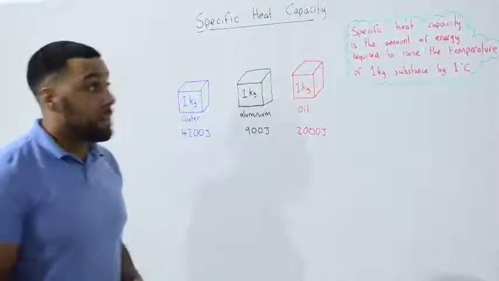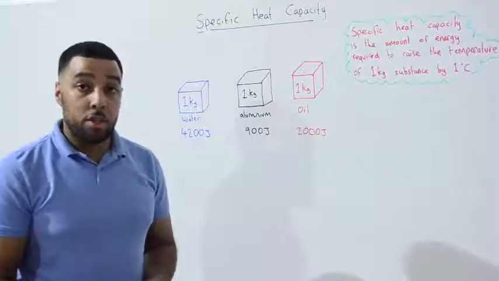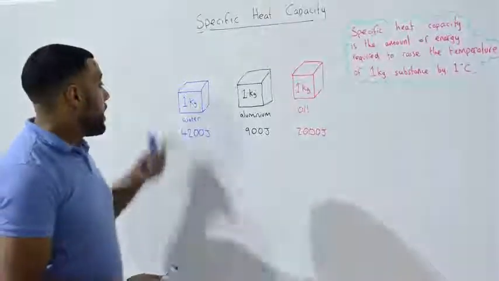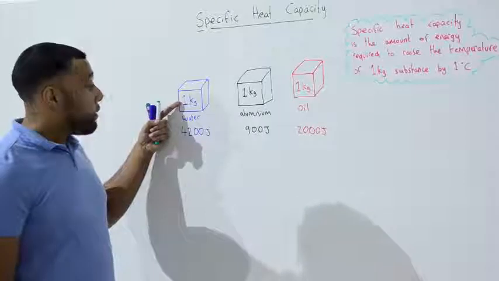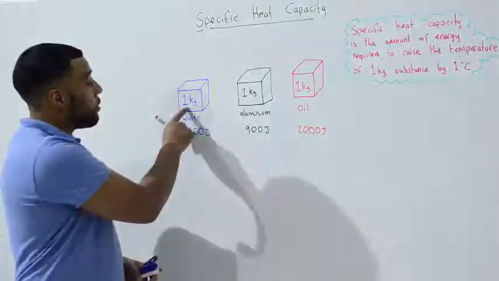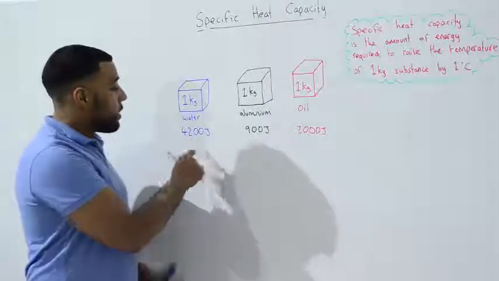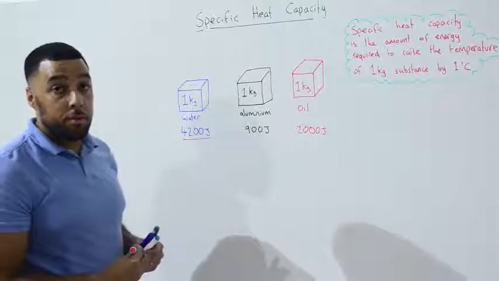Now some materials need a lot more energy to raise their temperature than other materials. For example, if we wanted to raise the temperature of 1 kilogram of water just by 1 degree, you would need 4,200 joules.